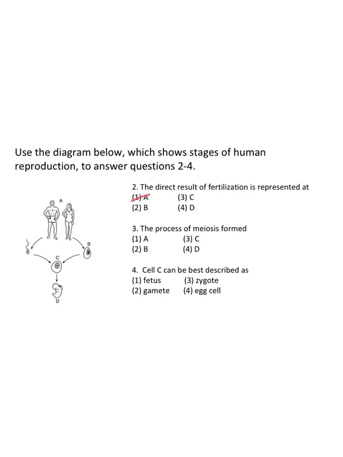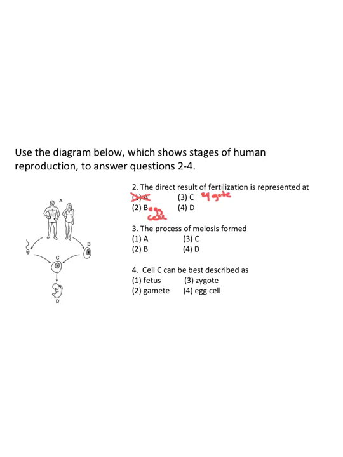So A is out because they're already full-grown. B is an egg cell, so we'll hold on to that. C is the zygote. And D in this case is the fetus.